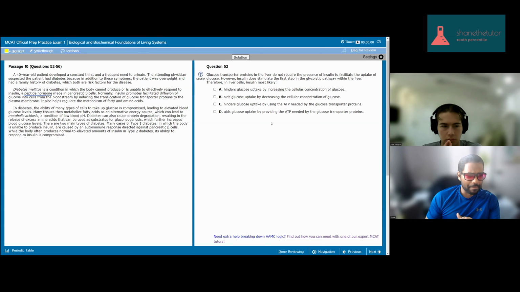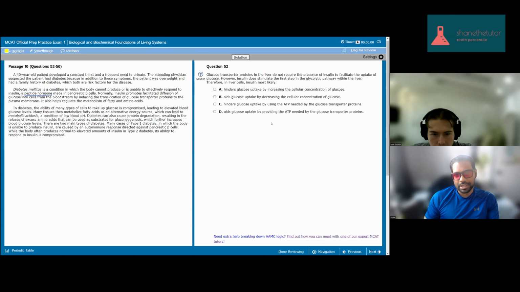And then they talk about issues that can happen in this third paragraph from using different things for energy, like fat or protein.